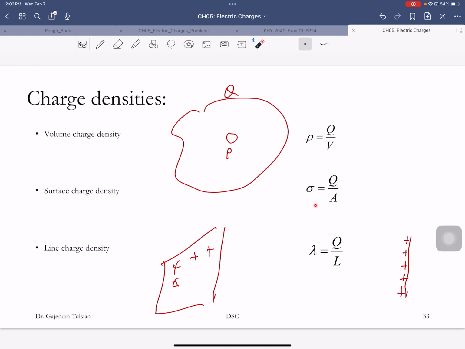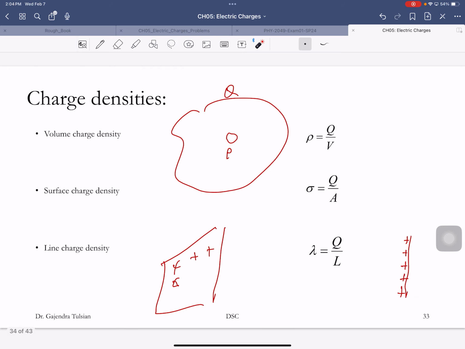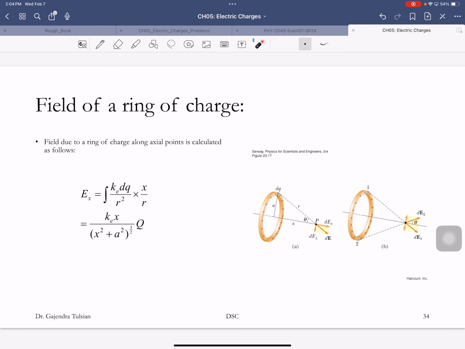All right, so again, ultimately when you're calculating electric fields, you'll be using that expression. And like I said, this integral is very hard to do except in very special cases. So I'll show you the special cases. Let's say you take a ring and smear this evenly with charge. And now what you want to use is the linear charge density.